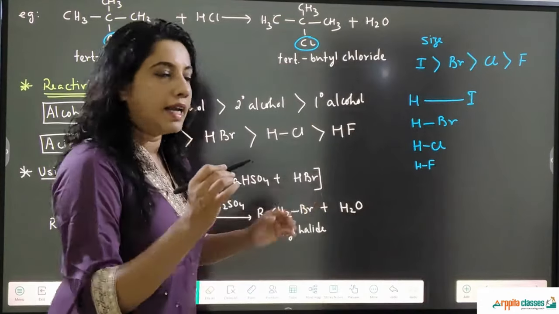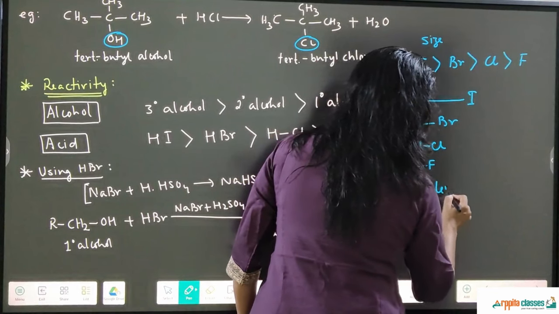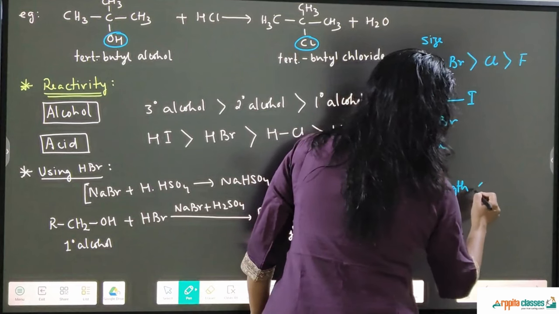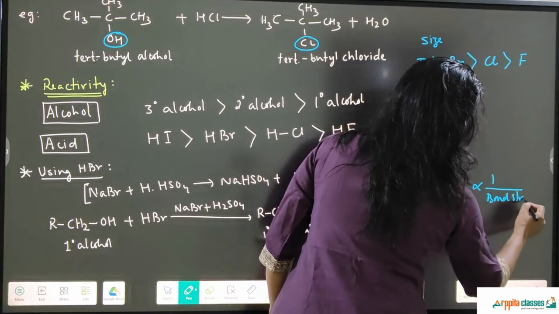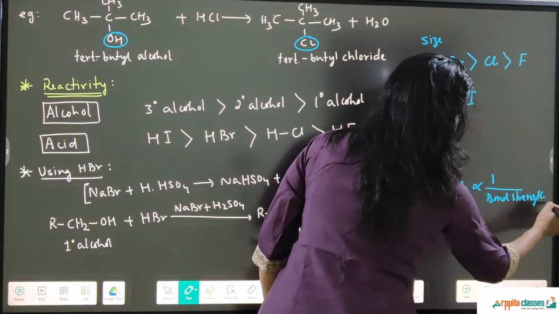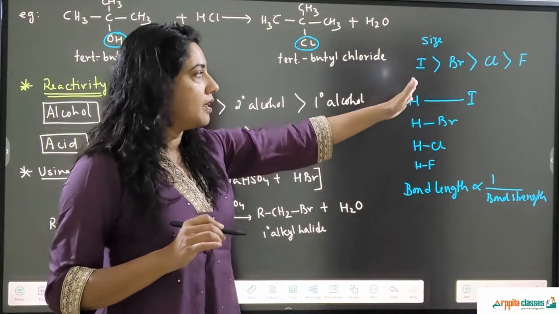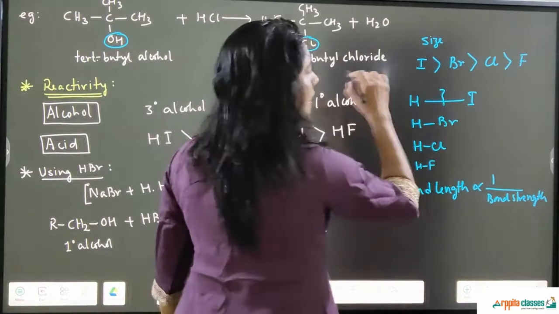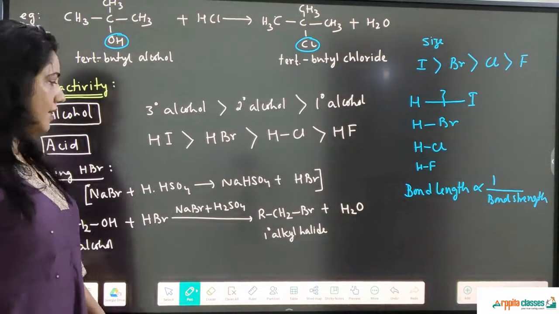If the bond length is bigger, we know that bond length is inversely proportional to bond strength. So if the bond length is bigger, that means the bond strength is small, and that is why the bond will be broken easily in this case. So that is why the reactivity of haloic acids is this way.